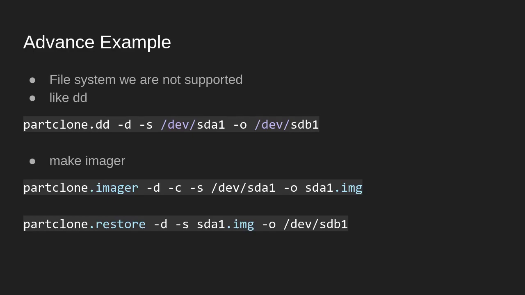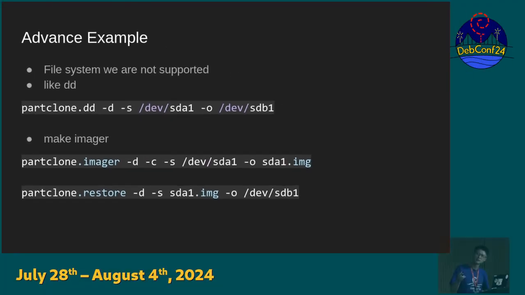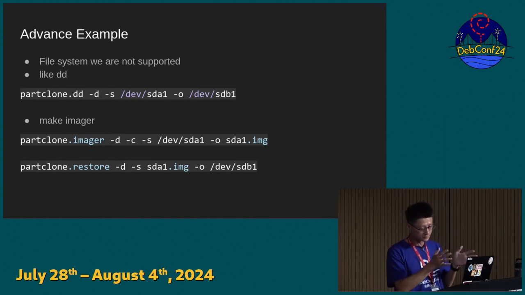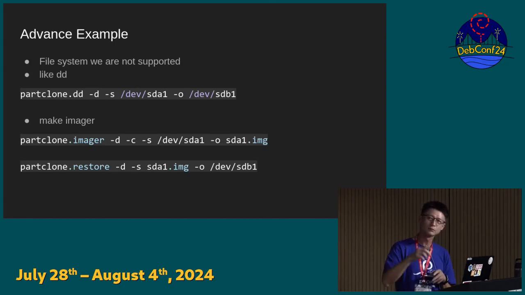Yeah, we still have many file systems that are not yet supported. Or some OEM hard drives have a very wide partition table. They keep some data out of the partition. For that kind of special problem, we can use Partclone DD.